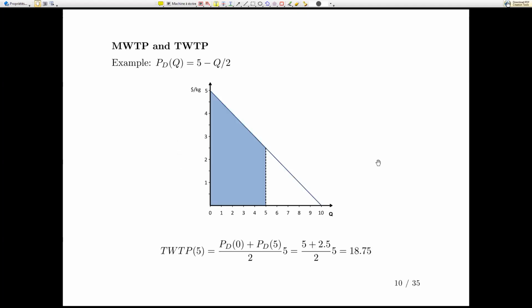But going back here, the problem is that this means that at a price of 5 and above, the person demands 0. Of course, you cannot demand a negative amount. You're not going to start selling stuff if the price is too high. You're just going to say, I'm not going to buy anything.